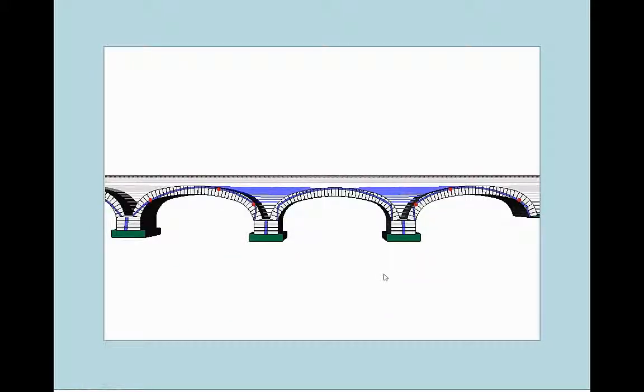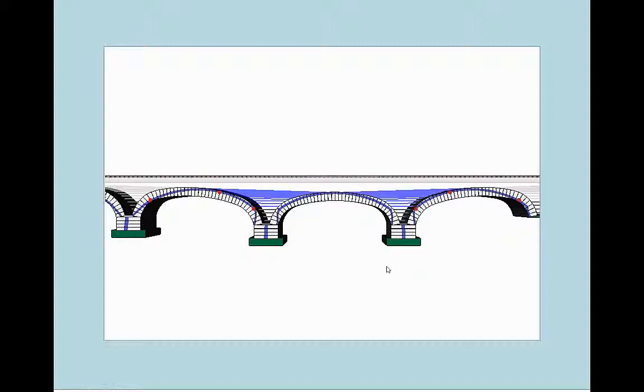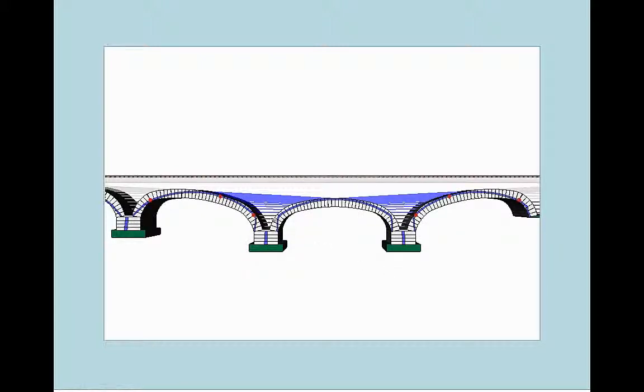So I actually did another analysis, but this time with a lesser amount of backing, and you can see that we get a different hinge pattern. And actually this particular hinge pattern is less similar to what we see in practice.